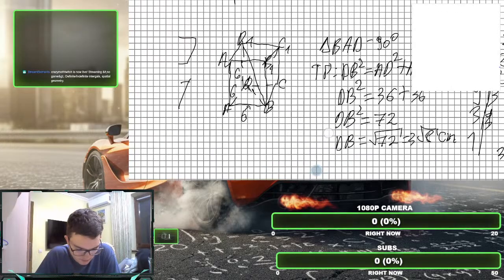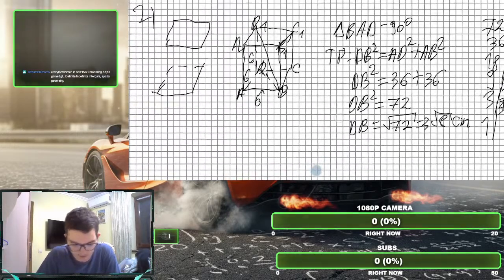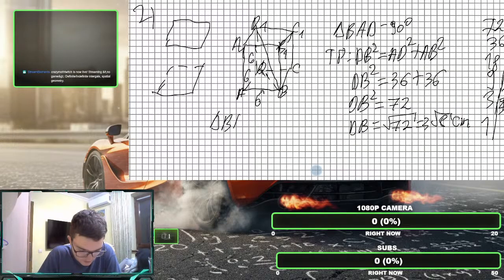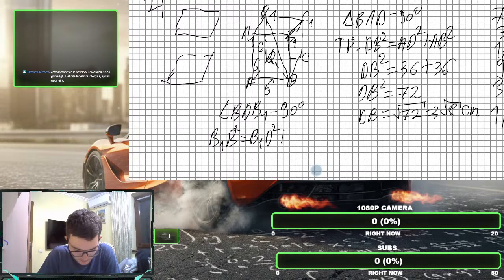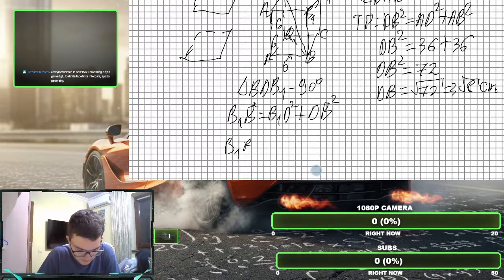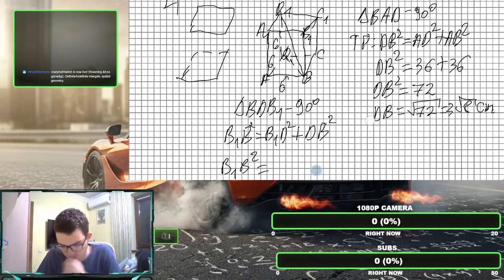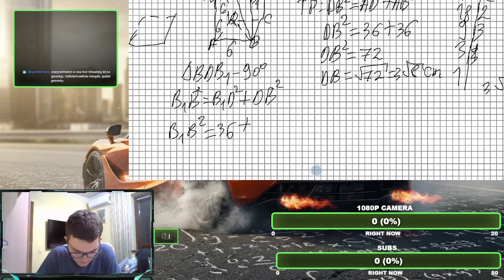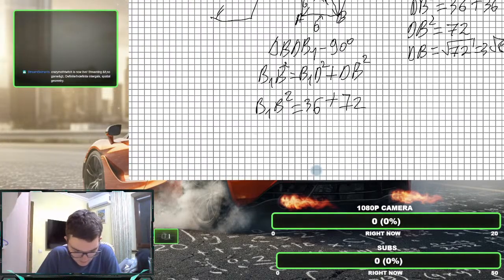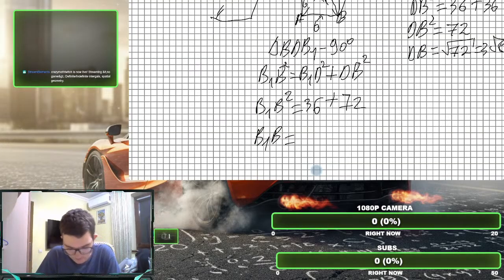And I can also do that because BDB1 is also a 90-degree triangle, so angle BDB1 is 90 degrees, so B1B squared is B1D squared plus DB squared, and so B1B squared is equal to B1D squared, which is 36, plus 72. If I add that up, I'll have 108.